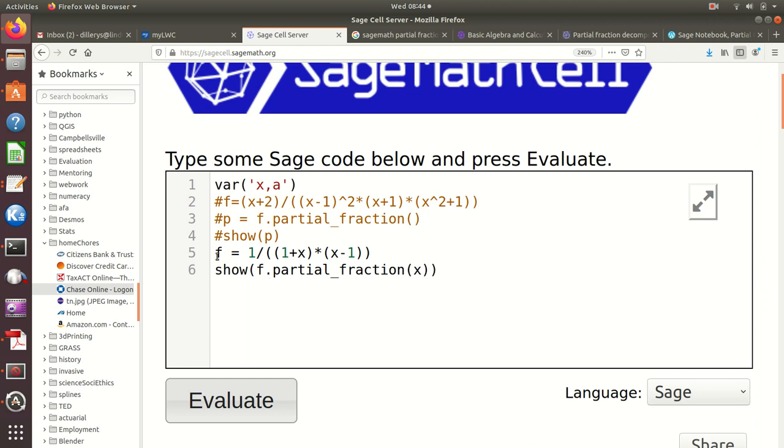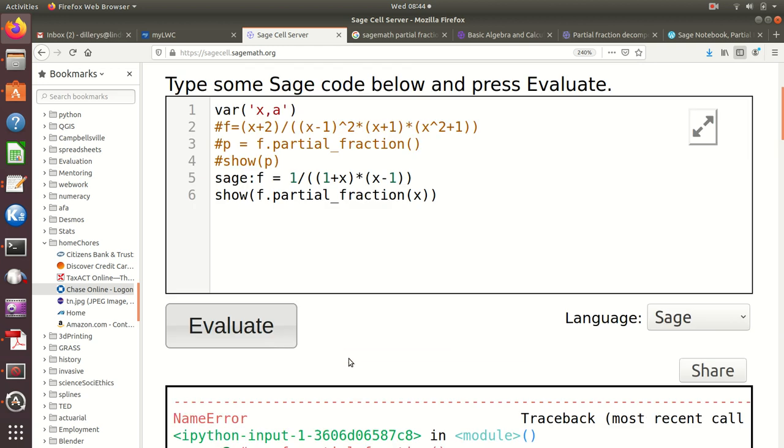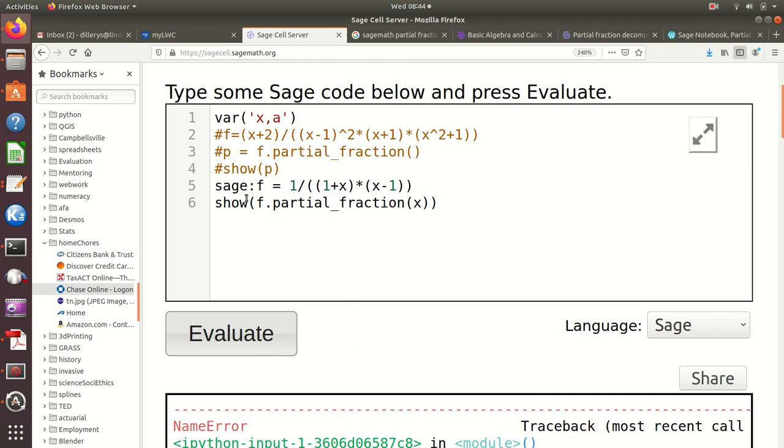I have run Sage code in these cells many times with the word Sage in front. So I'm going to do that again and just see if it gives me an error again. It looks like it is because I don't see the typesetting sign. Yeah. So it wasn't happy for some reason all of a sudden. It may be an update on the Sage cell, but yeah, that did not work anymore.